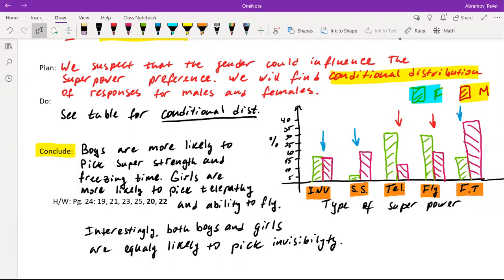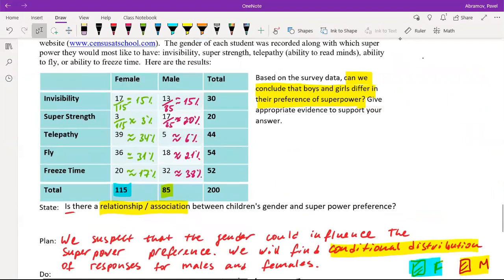For marginal distribution, we would have been finding the total distribution of each one of these superpowers between both boys and girls. So marginal distributions are these percents right here. That's how the powers in general are distributed between the kids, which is still something interesting to look at.